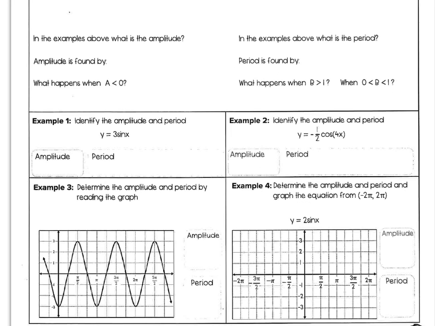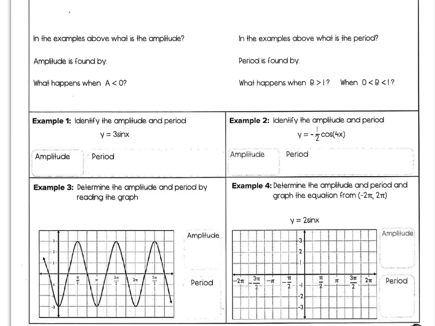These first two are without a graph. So we look at the function, we see what's different from the parent function, and then we can identify. These ones we're just going to talk about amplitude and period. We're not going to talk about phase shift and all that other stuff right now.